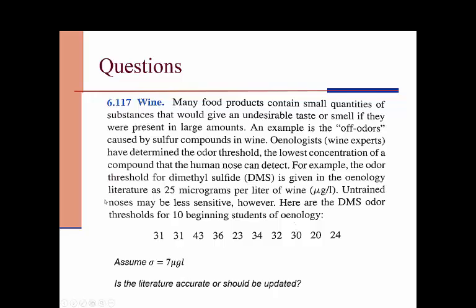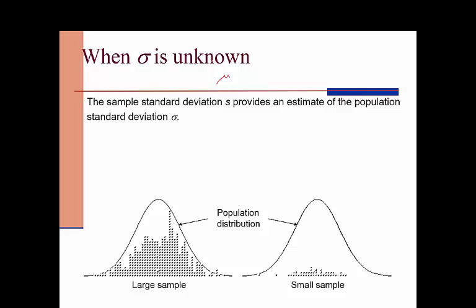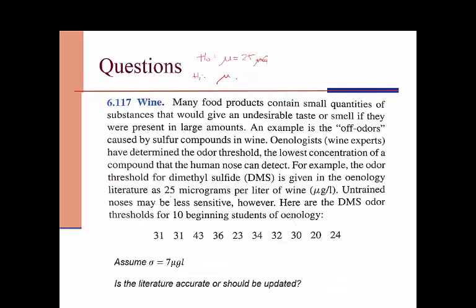So our hypothesis then is mu equals 25 micrograms, and the alternative is mu not equal to 25 micrograms.